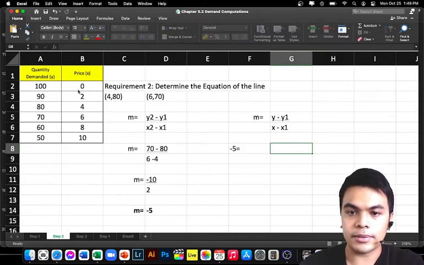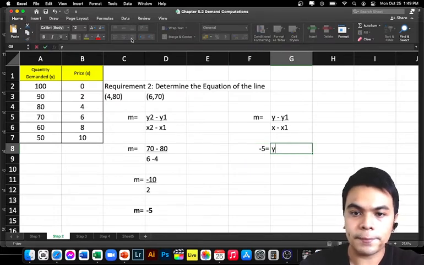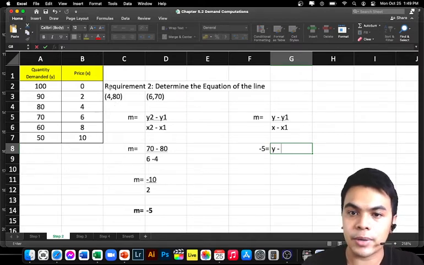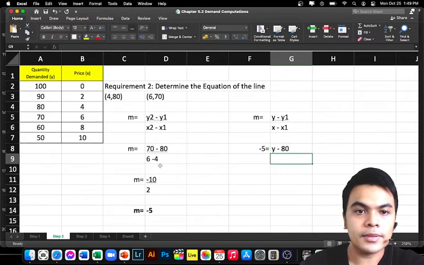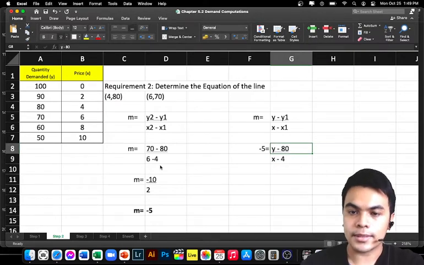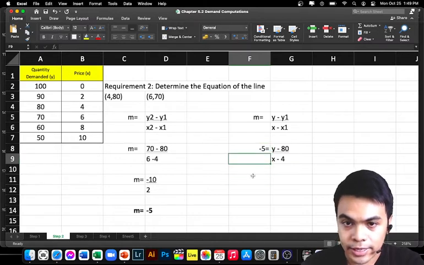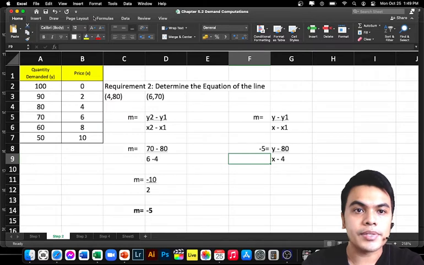Negative 5 equals y minus y1, this is our y1 and x1, 80, divided by x minus 4. Okay, so again, let's multiply both sides by x minus 4.